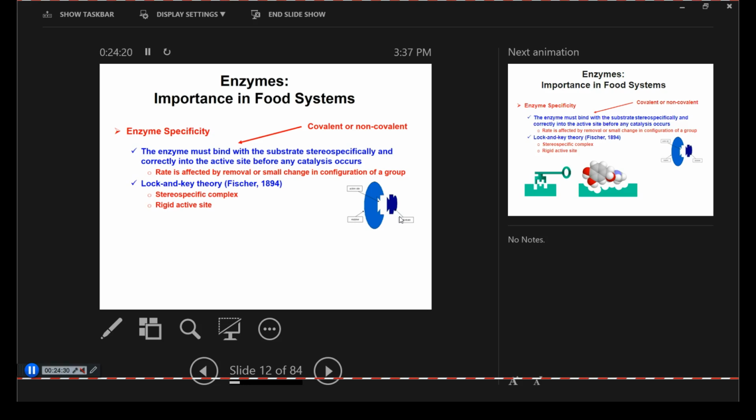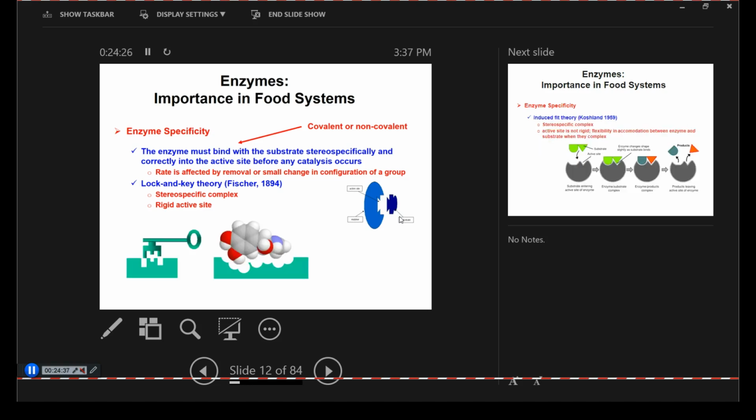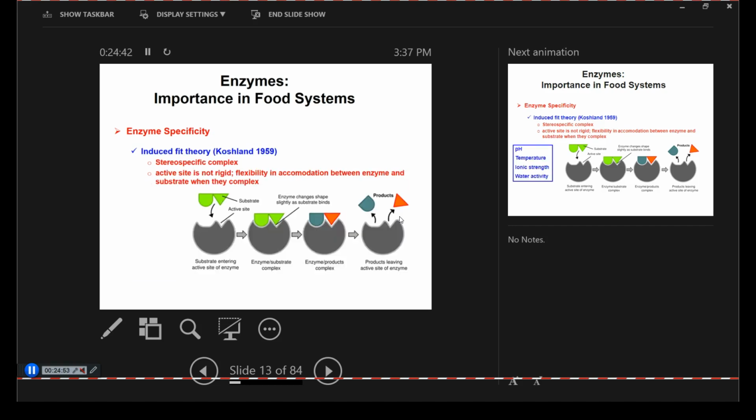Originally, the theory was the lock and key theory. That means it's not only stereospecific, but the active site is rigid. It doesn't change once the substrate is there. But this theory was debunked later on, and the more accepted theory is the induced fit.